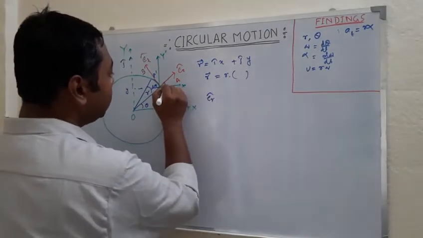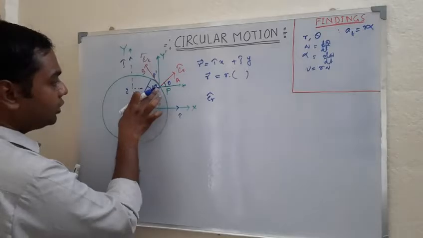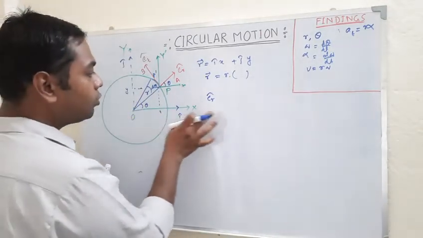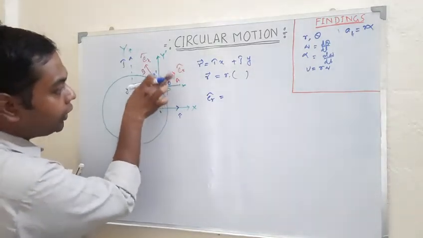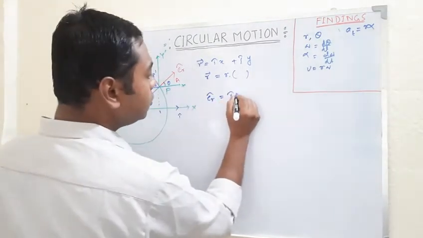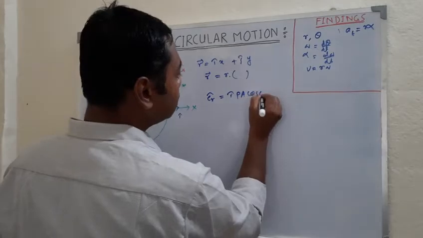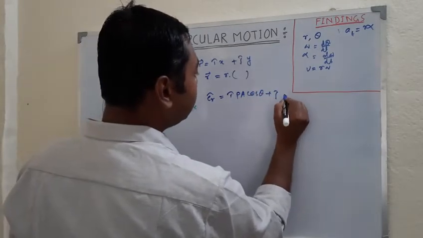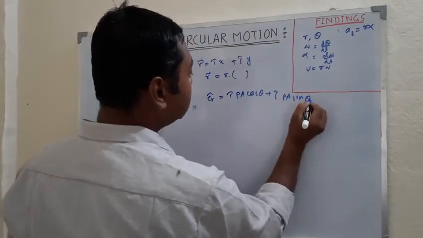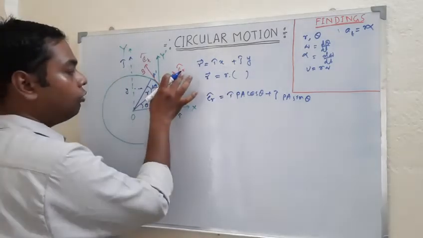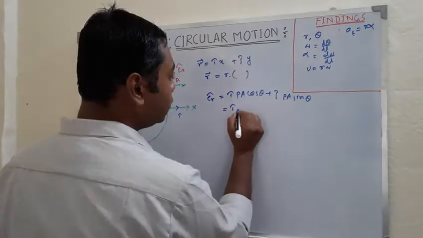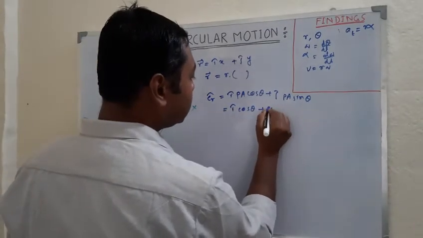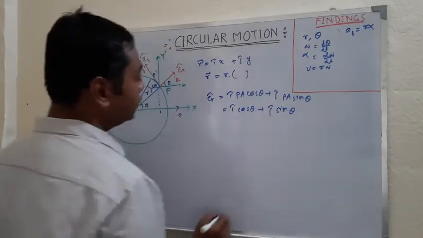er makes the same angle with the x-axis as r does. So er equals i cap PA cos theta plus j cap PA sin theta. Now the value of PA is 1 as this is a unit vector. So i cos theta plus j sin theta.